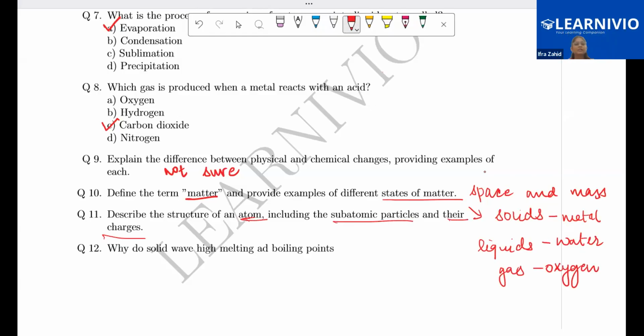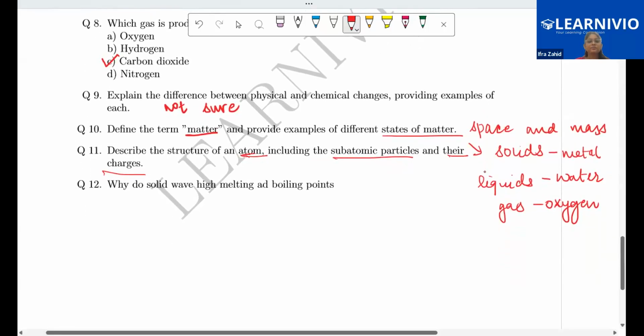Can you describe the structure of an atom? I think this is not in our syllabus, ma'am, for last year. Okay. Why do solids have a high melting point?